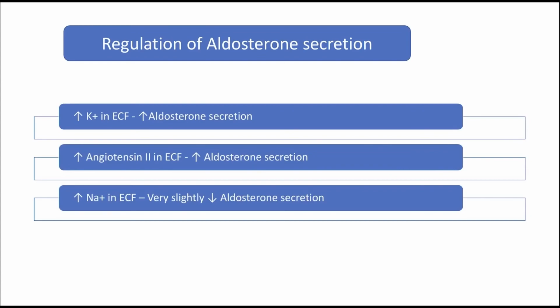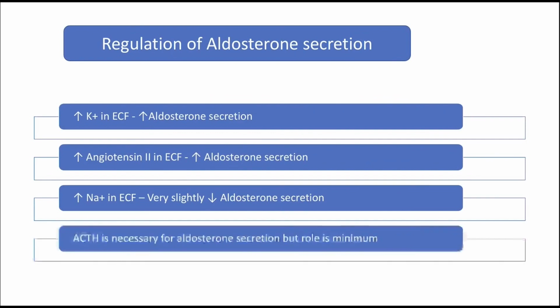An increase in the sodium ion concentration has a very slight effect over aldosterone secretion and causes a minute decrease in aldosterone secretion. ACTH is also important and necessary for aldosterone secretion, but its role is minimal. So the main regulators of aldosterone secretion are hyperkalemia and angiotensin 2.